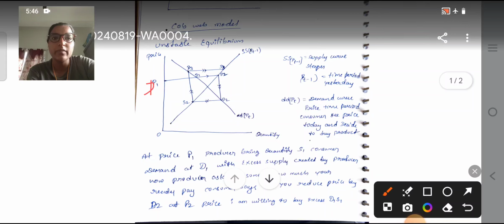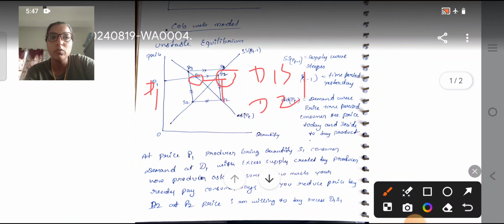At price P1, the consumer demands D1 quantity and the supplier brought quantity S1. So with the excess supply D1 S1, now the consumer asks to reduce the price to D2. I am ready to buy your S1 quantity.